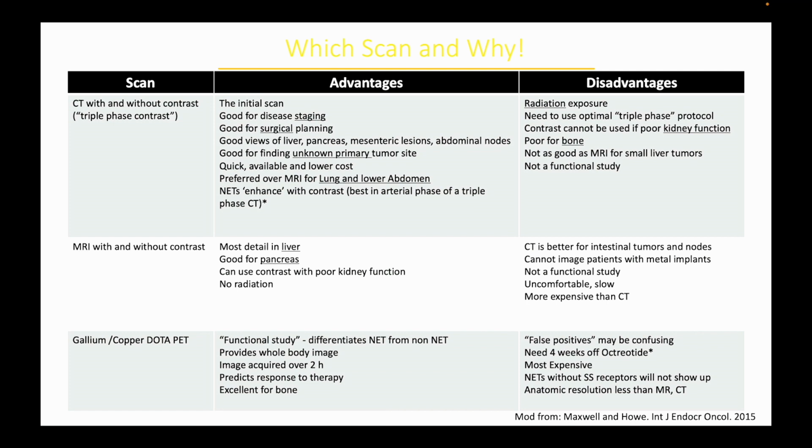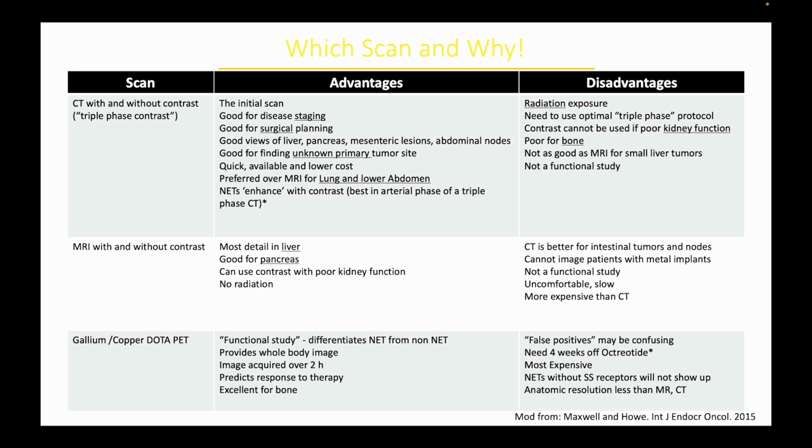It's very good for surgeons. It tells them exactly where tumors are in relationship to blood vessels and other important structures. It's good at finding a primary tumor when it's not evident. It's better than MRI scans for lung and in the lower abdomen.